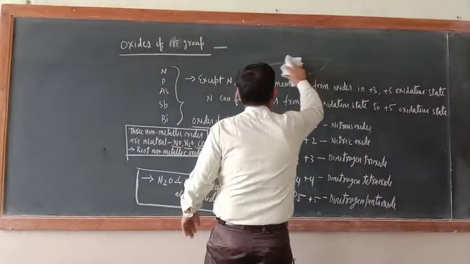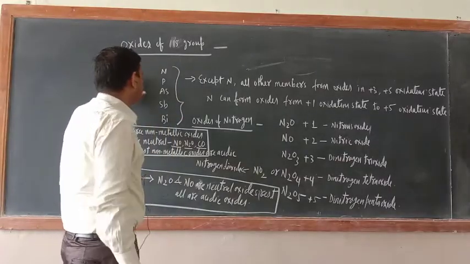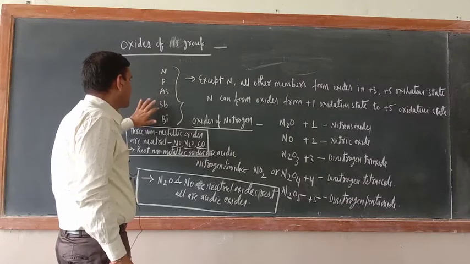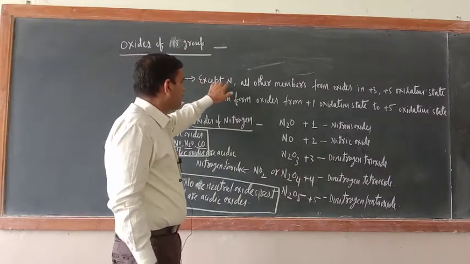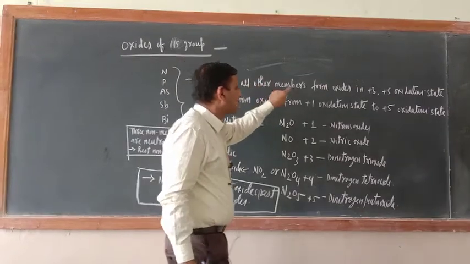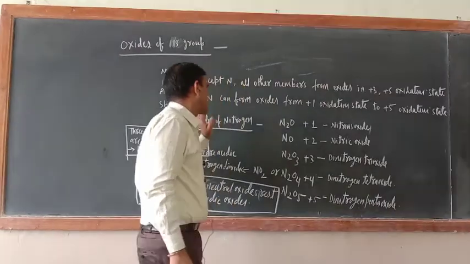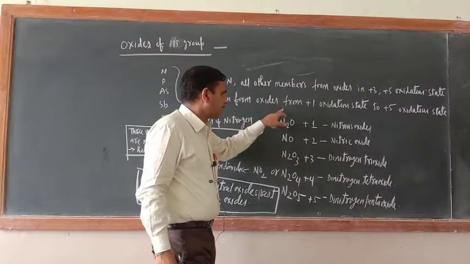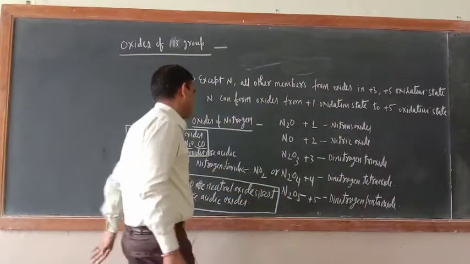Now let us move to the oxides of 15th group. See in the 15th group how many members are there? Nitrogen, phosphorus, arsenic, antimony and bismuth. So here I wrote except nitrogen, all other members form oxide in +3 and +5 oxidation state. Nitrogen can form oxides from +1 oxidation state to +5 oxidation state.